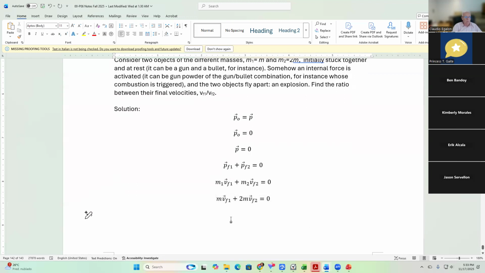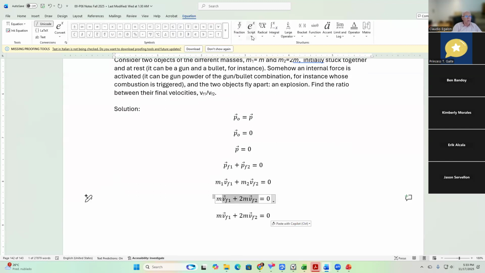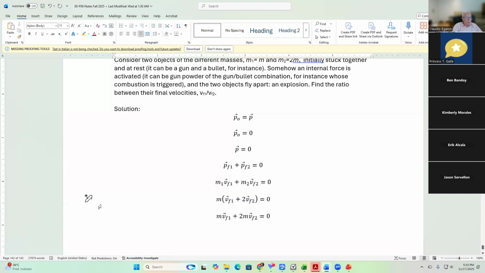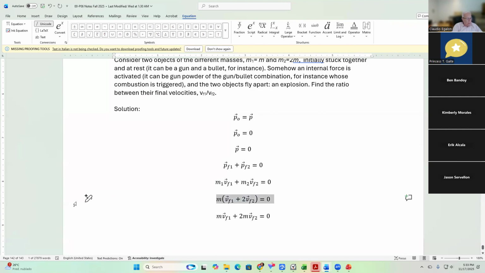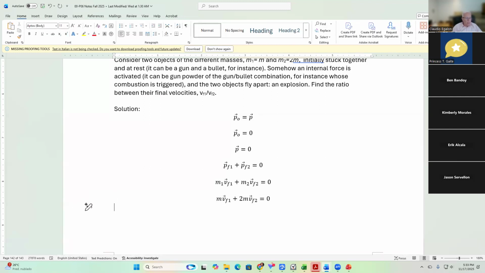We want to know the ratio between them. But before we get the ratio, we have to put m in evidence. This m can be taken out from my equation.